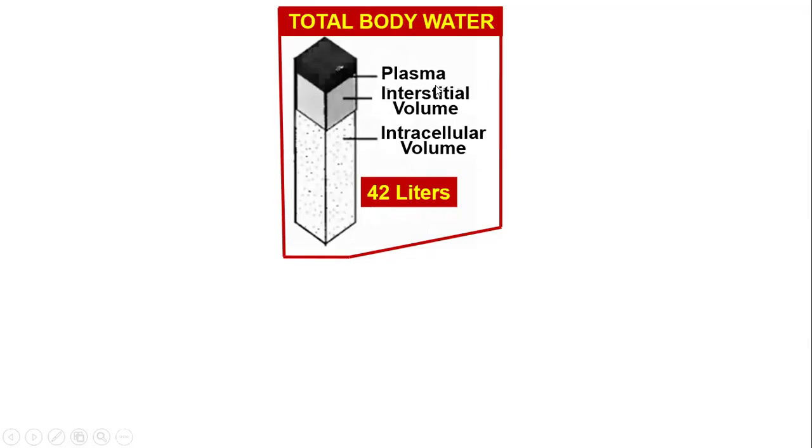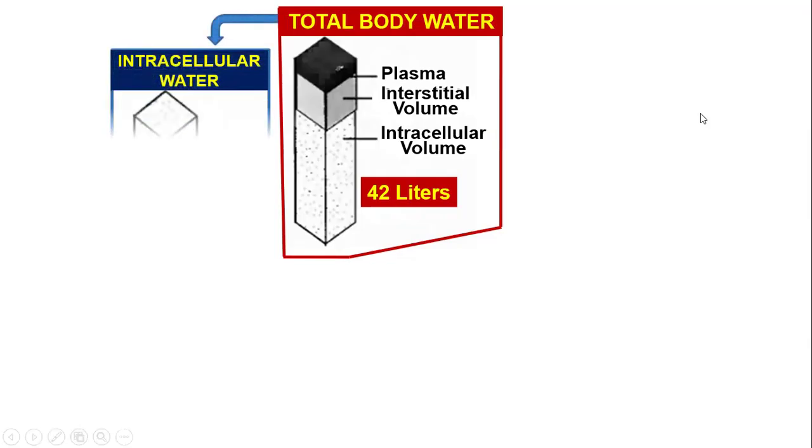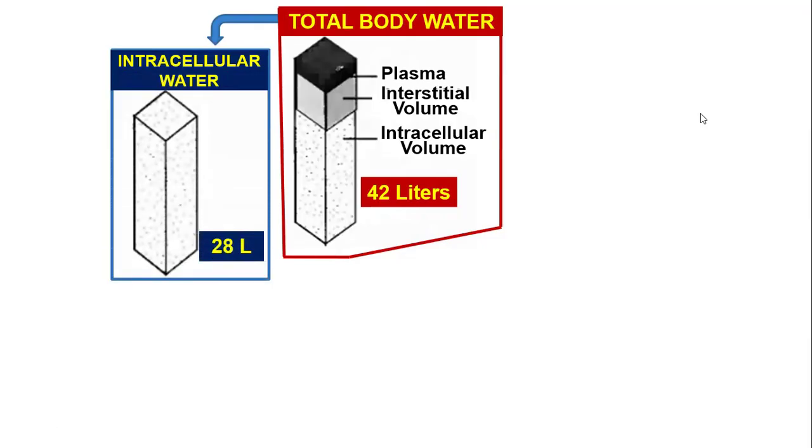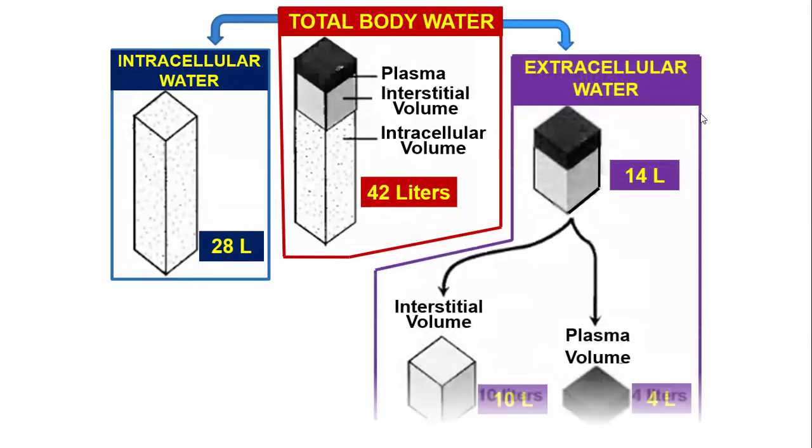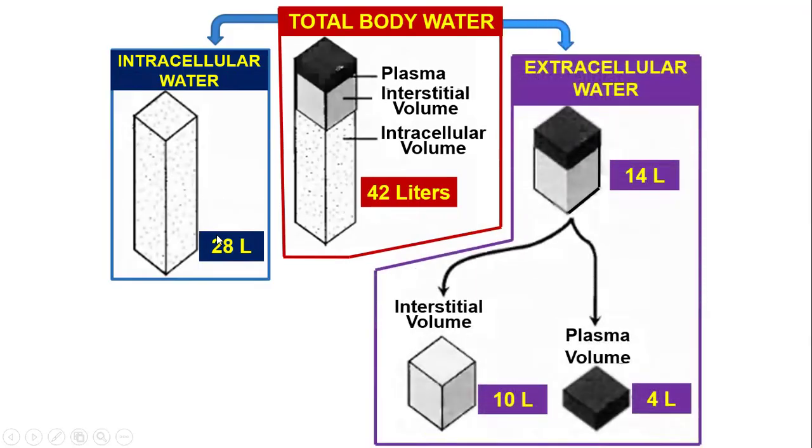So plasma plus interstitial volume plus intracellular volume is how much? It's 42 liters. Now you can see the further differentiation.